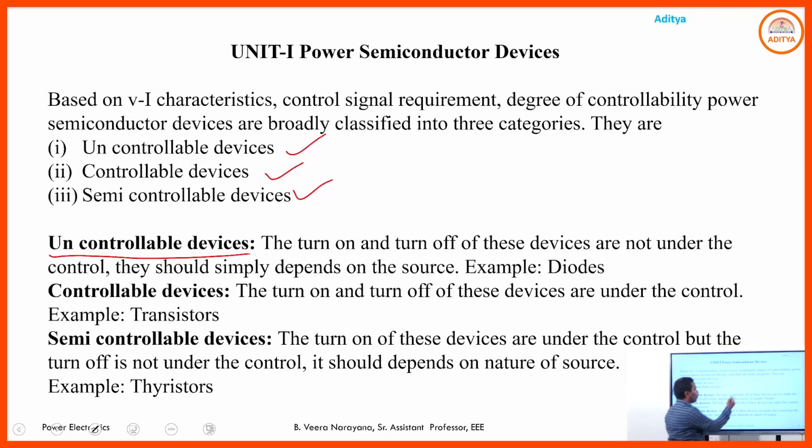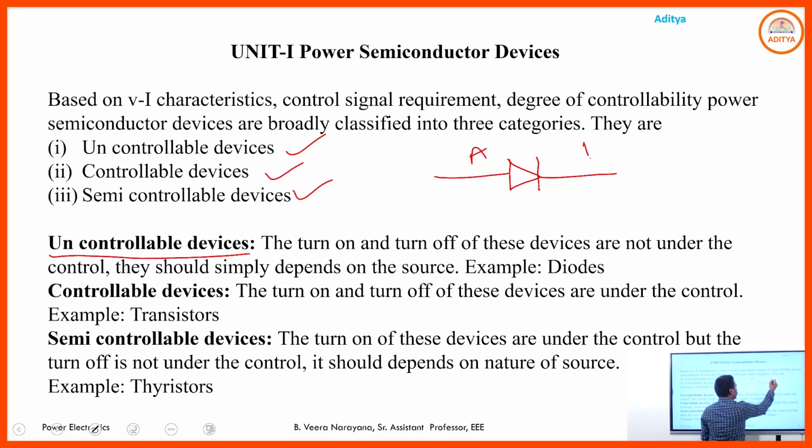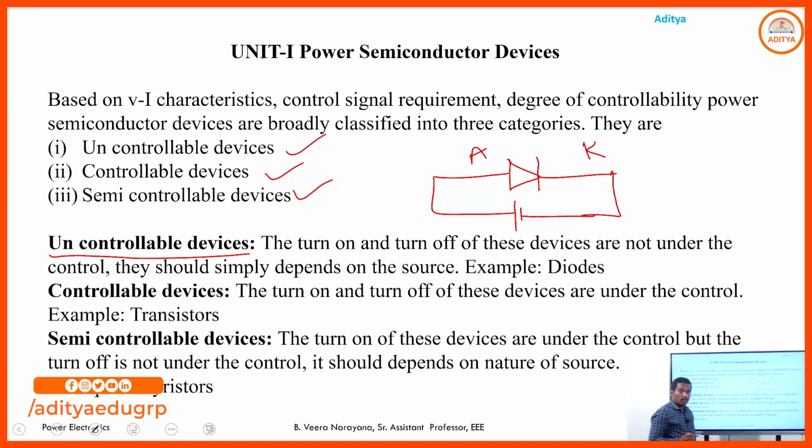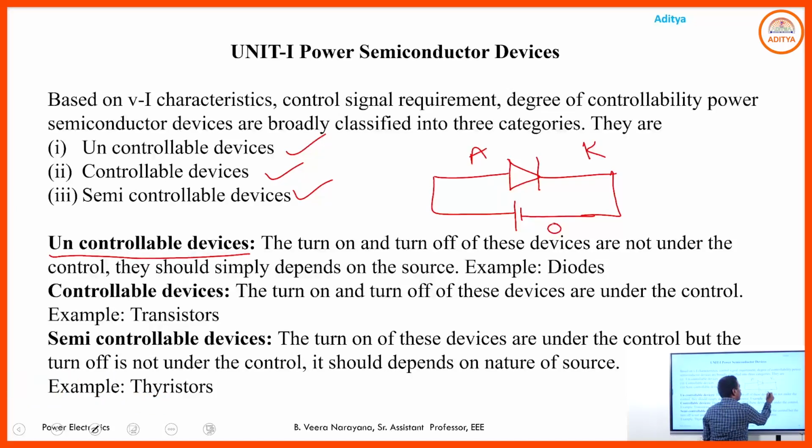An example of uncontrollable devices is the diode. Here is the symbolic representation of the diode, and the terminals of the diode are anode and cathode. If you go through the ideal diode, when the anode is made positive with respect to the cathode, the diode is said to be in the forward biasing mode, which is considered the on state of the diode.